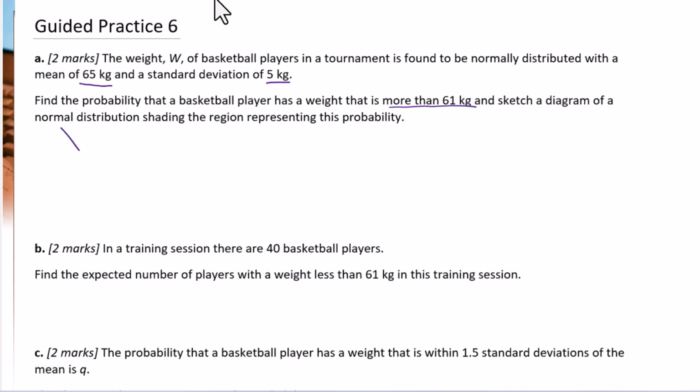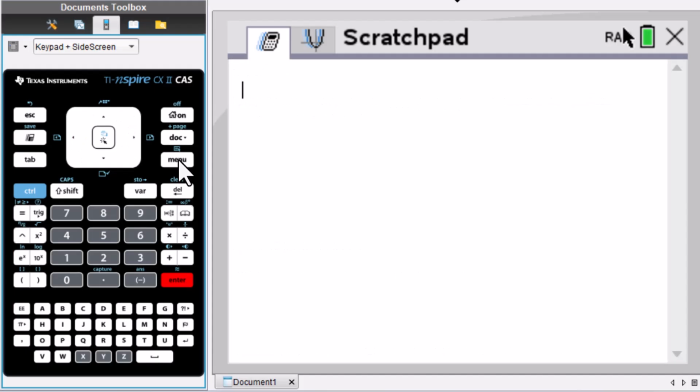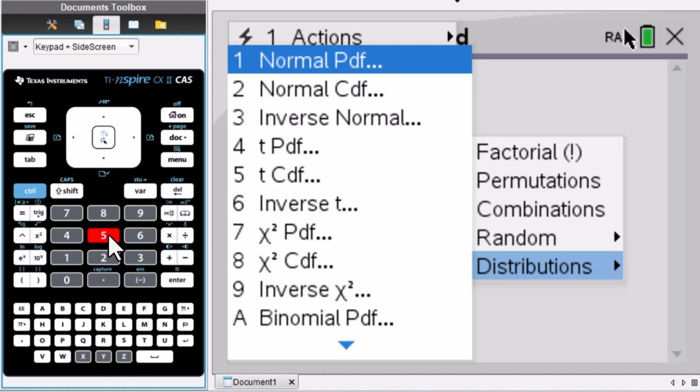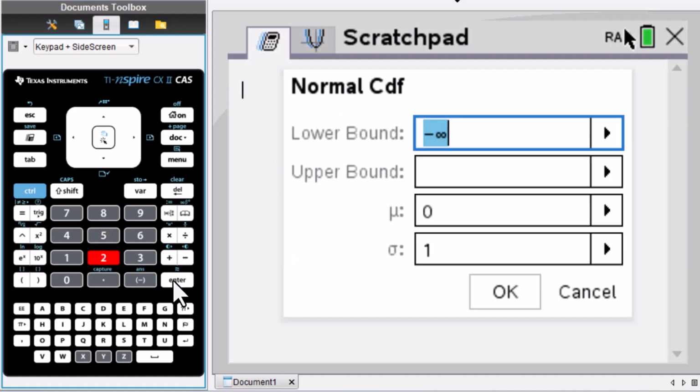We are given X follows normal distribution with a mean 65 and a standard deviation 5. We are looking for probability of X greater than 61. Go to normal CDF. Menu 5, 5, 2.